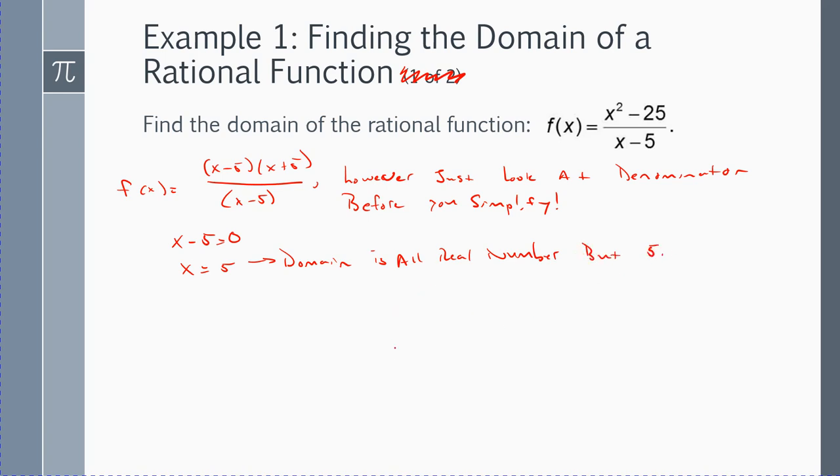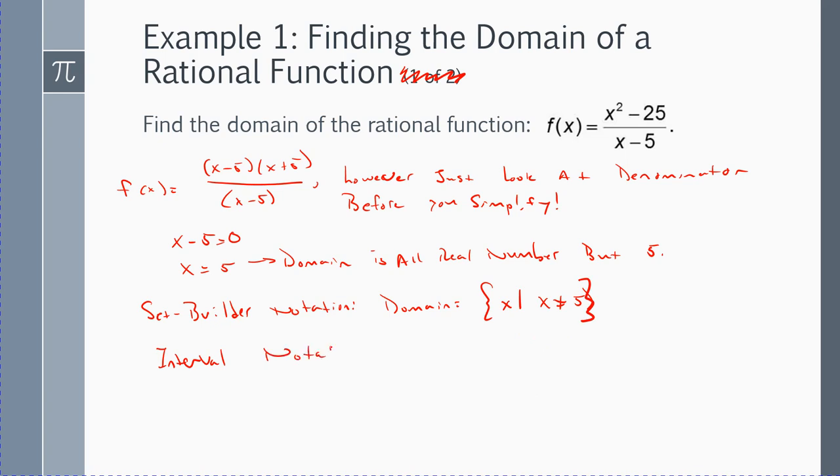There are 2 ways you can show this. You can show it in set builder notation: the domain is x such that x is not equal to 5. And then you can show the domain in interval notation.